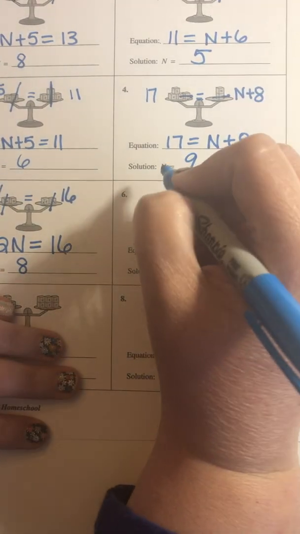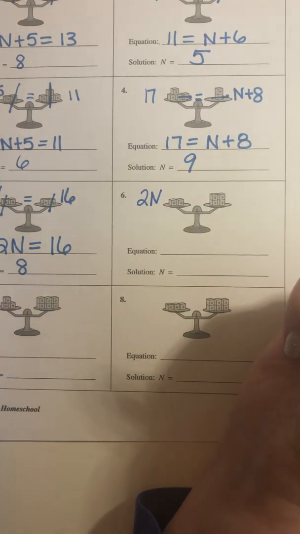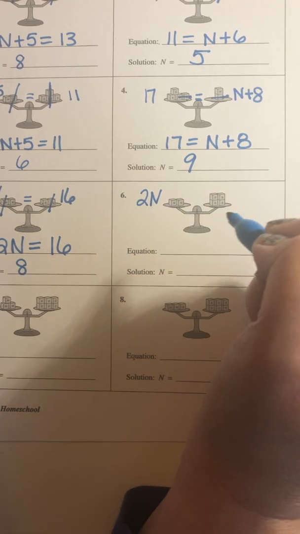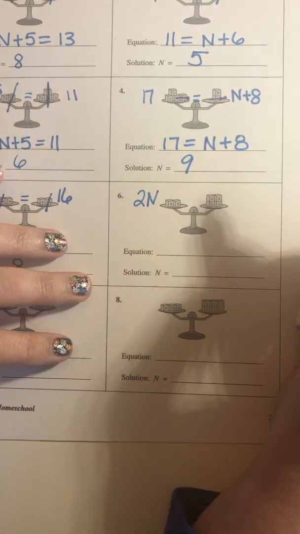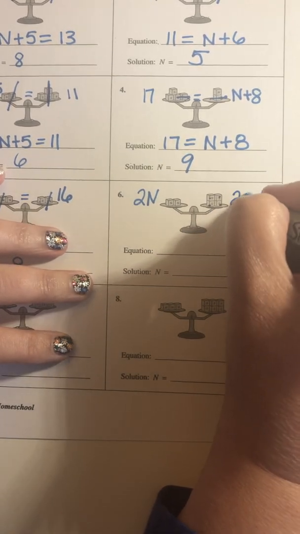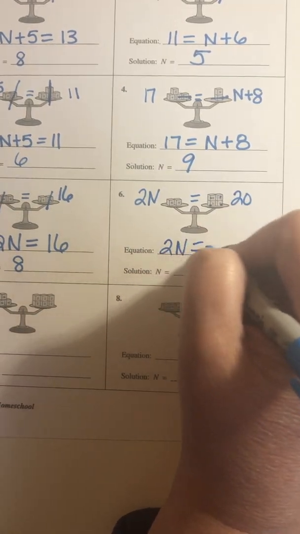Here's another where I have 2n over here, 2 n's, 2 times n, or n plus n, either way, equals, and what do I have over here? I have 5, 10, 15, 20. So my equation is 2n equals 20.